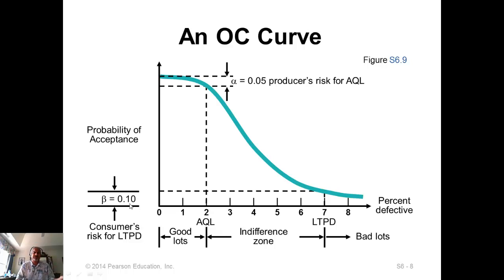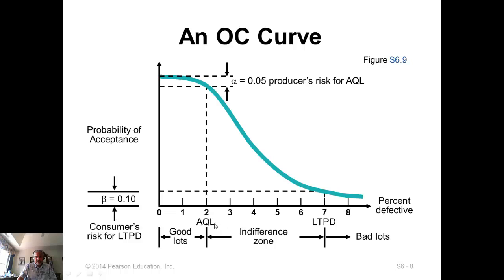So there are 4 numbers that we need to look at: AQL and alpha, producer's risk. That defines 1 point on the OC curve. And then LTPD and beta, the consumer's risk, that defines a 2nd point on the OC curve.